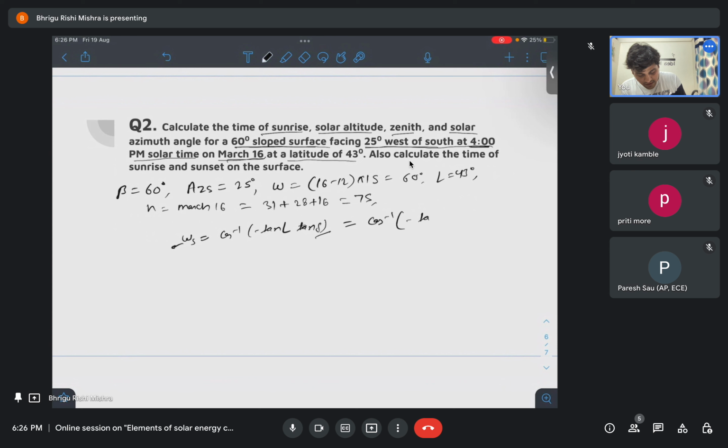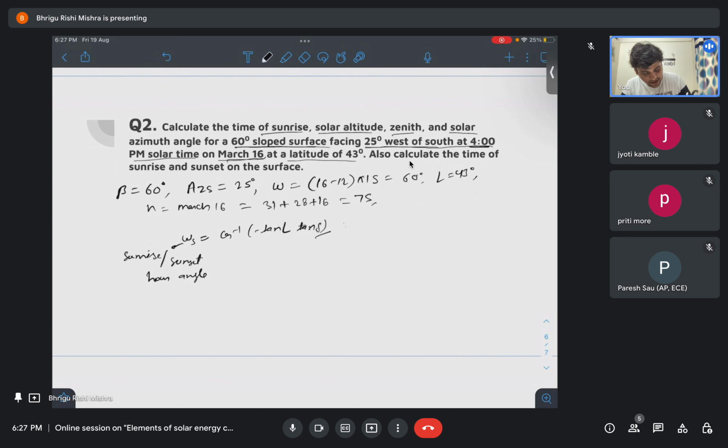It is the sunrise or sunset hour angle. Negative omega s is the sunrise hour angle, and positive omega s is the sunset hour angle. We have L, but we don't have delta yet; we are yet to calculate delta.